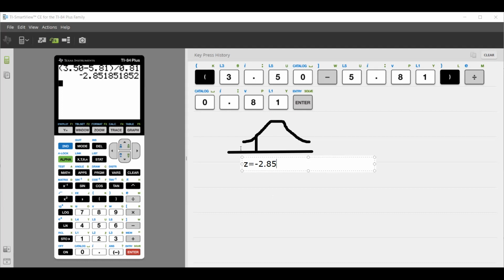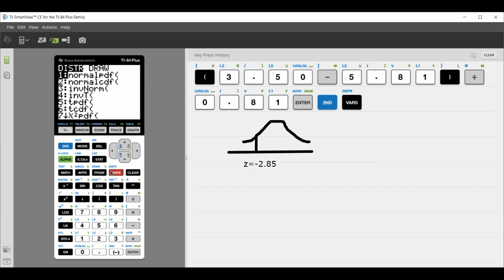Well, no, I have to use normal CDF. So I go second distribution, normal CDF, number 2.